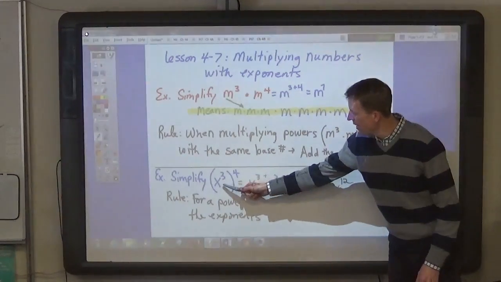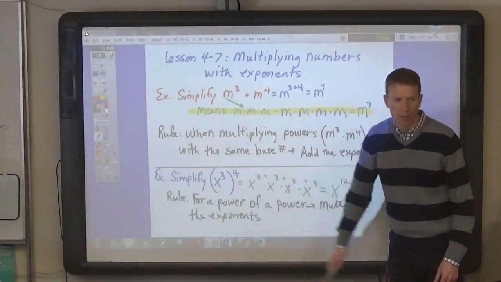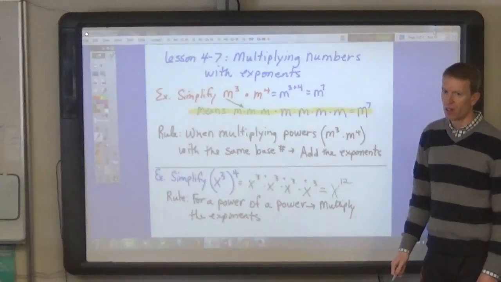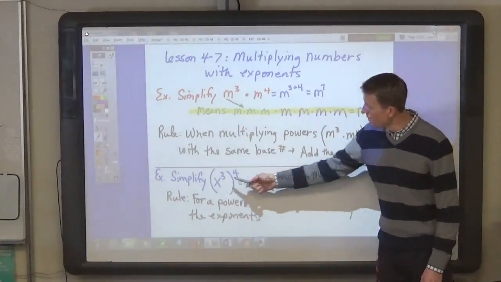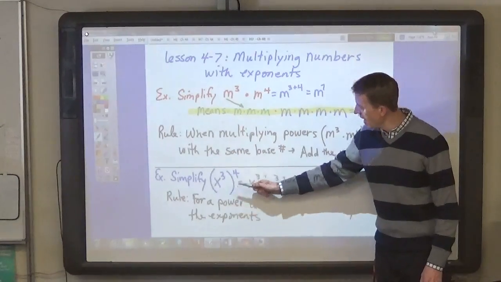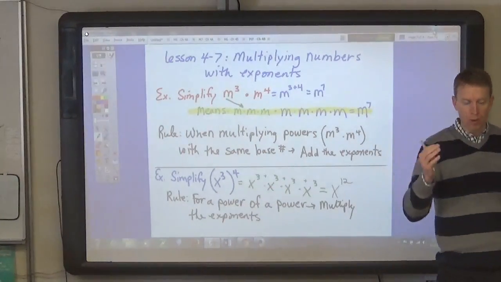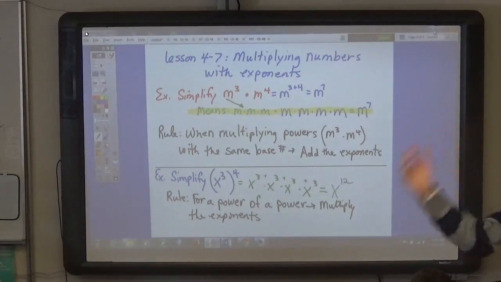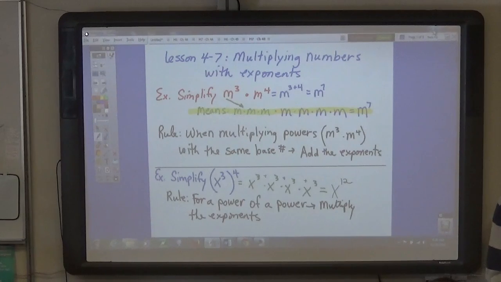When you're simplifying powers of a power, this one is a little bit different. Okay? Because this has x to the third power, and then that x to the third power is being multiplied by itself. So x to the third times x to the third times x to the third times x to the third.